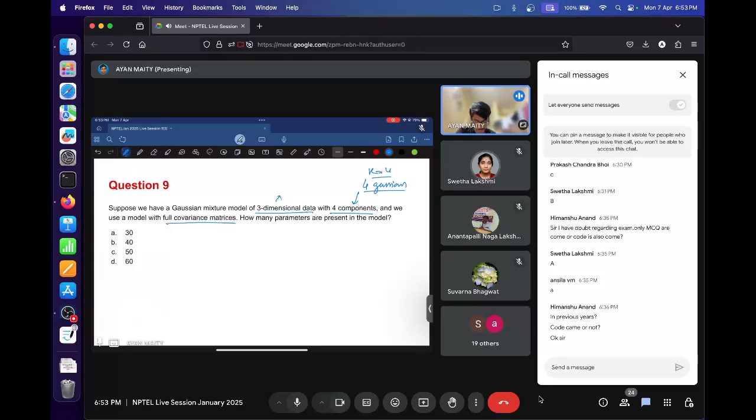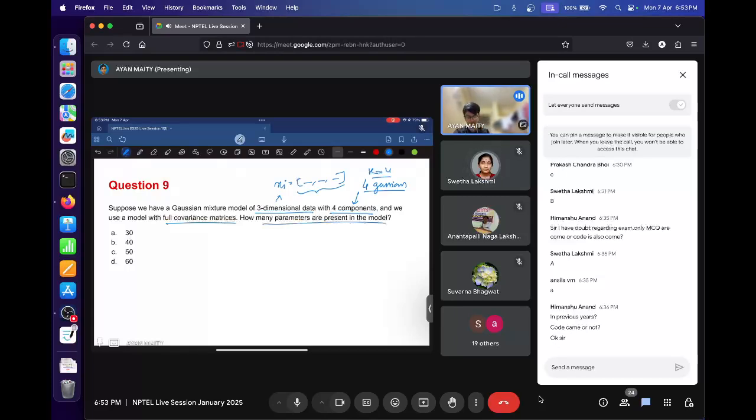3-dimensional data points basically means each data point will be 3-dimensional. Three components should be there for each data point. So you have to find out how many parameters are present in this GMM model.